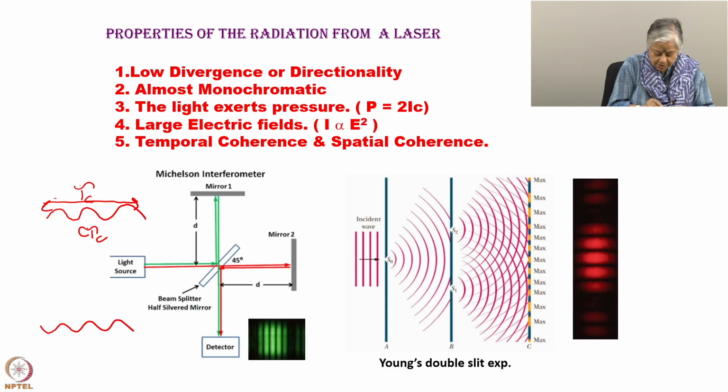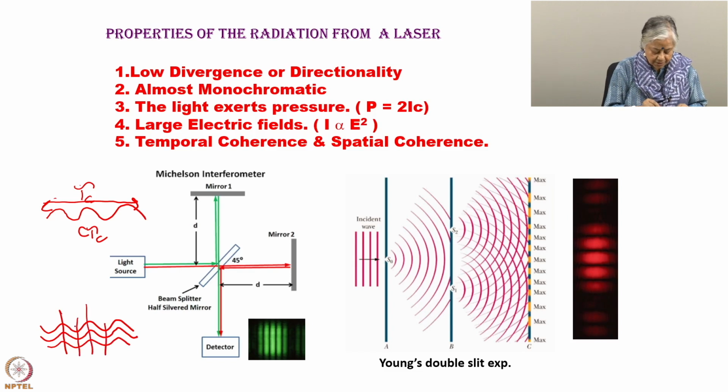After that some other train starts, and I have another train which maybe is coming from this mirror, mirror 2, and it is identical to this train. When these are identical or nearly identical, the peaks and the troughs are matching. That time you will get the perfect interference pattern.